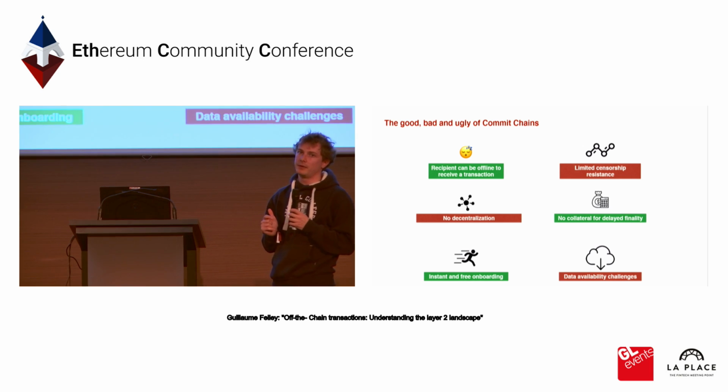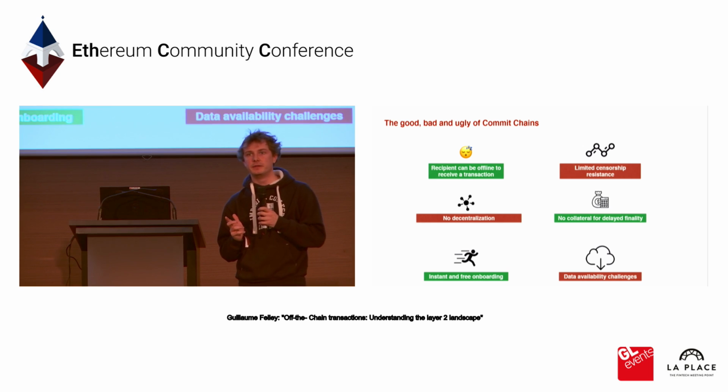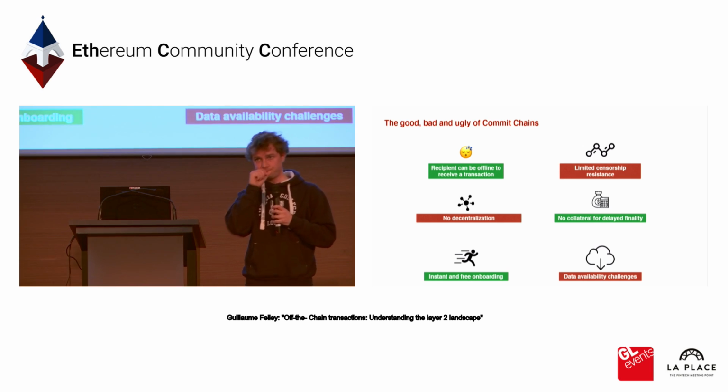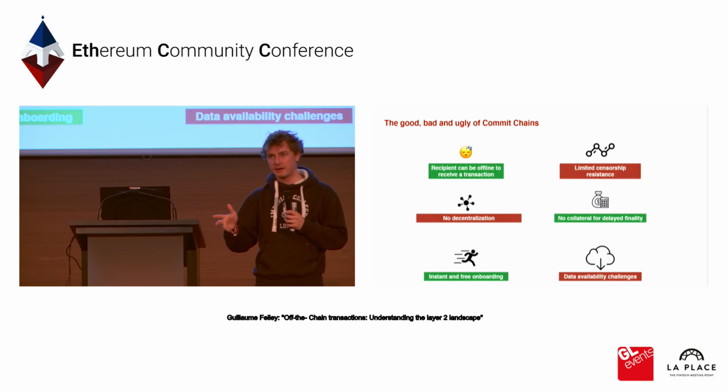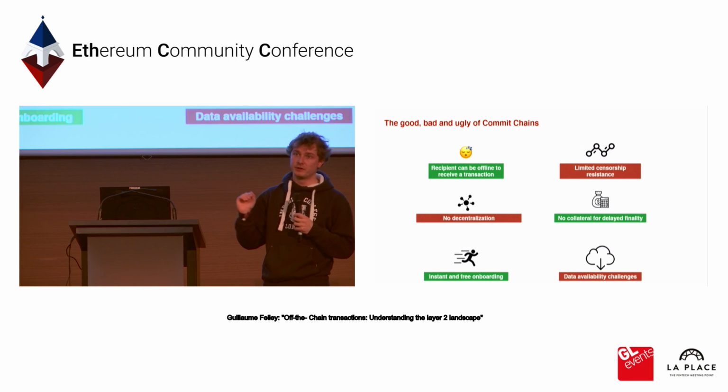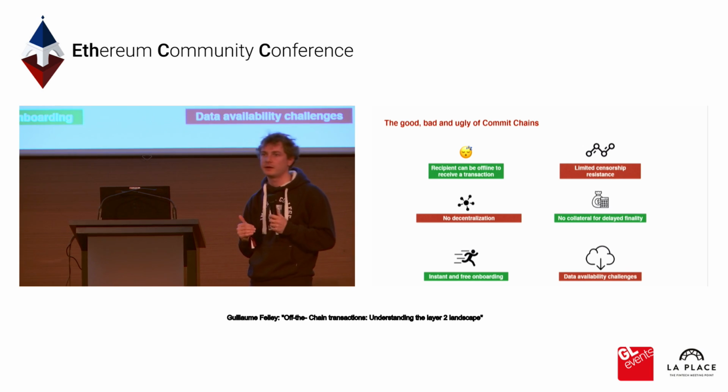You have to make sure that the party that wants to validate and create a checkpoint has all the data of all the accounts, otherwise he can't. And users could also game it by taking the commit chain down by withholding data, making the operator unable to make a checkpoint, because the transactions happened off chain, so by definition you don't know what happened.